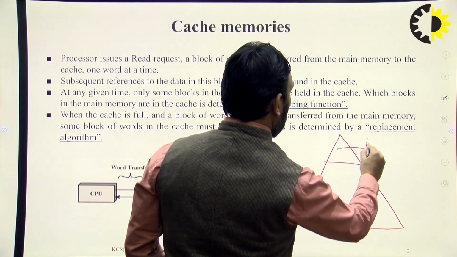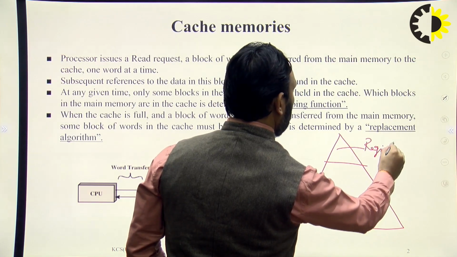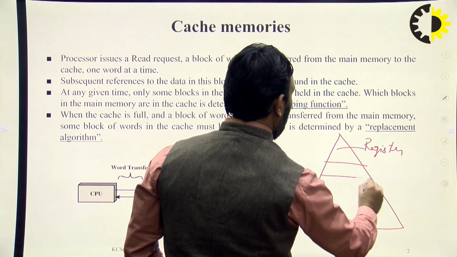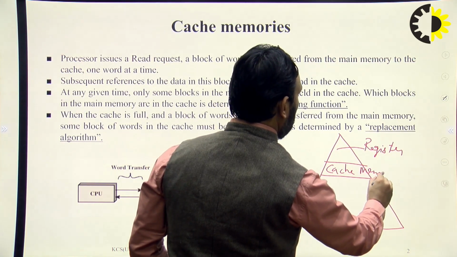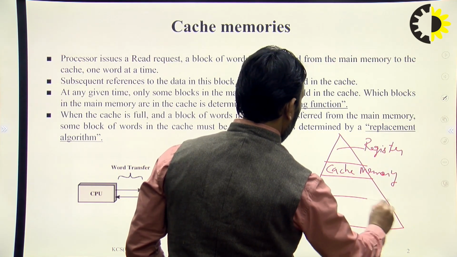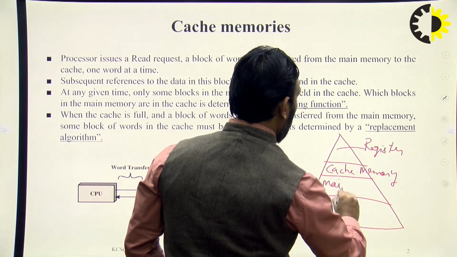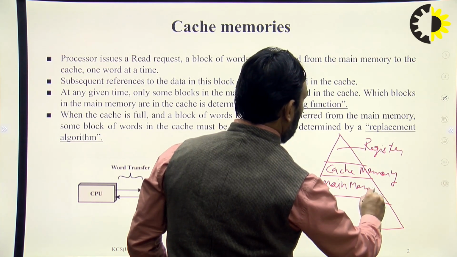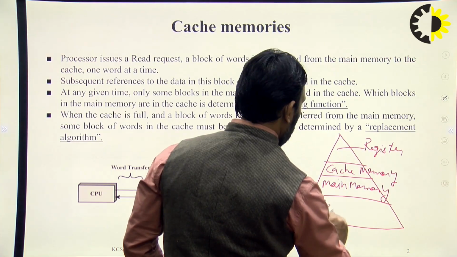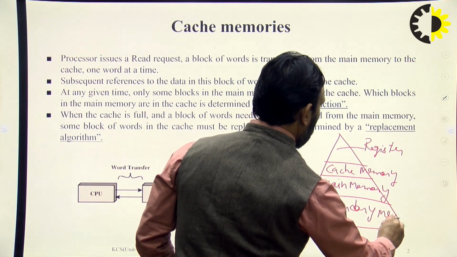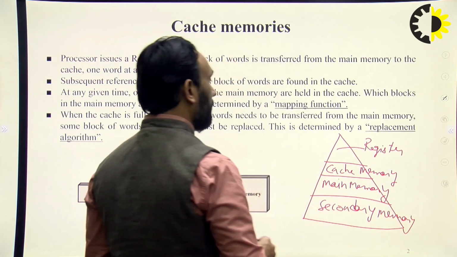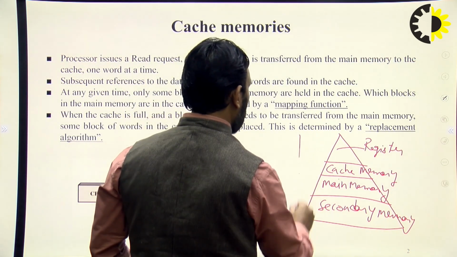First is register, second is cache memory, third is main memory, and fourth is secondary memory. If we talk about speed, which one is faster?